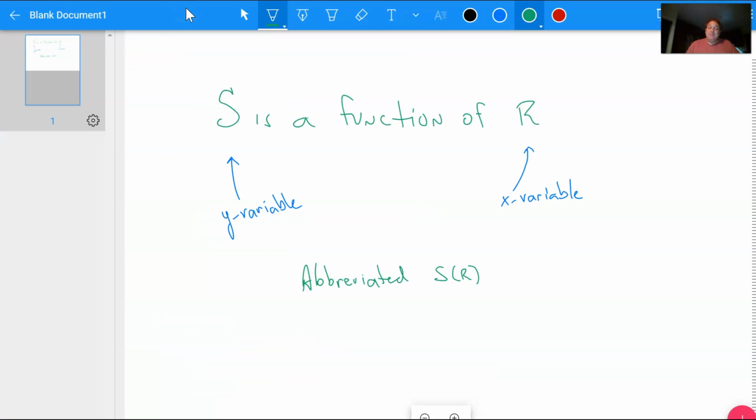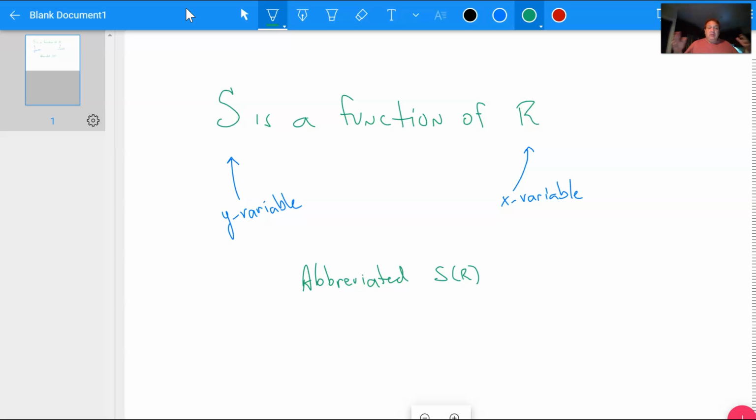For example, we oftentimes say something is a function of something, like S is a function of R. And when a math person says S is a function of R, what they're trying to communicate is that the Y variable is represented by the letter S and the X variable is represented by the letter R. So you can literally just replace all S's with Y's and all R's with X's.